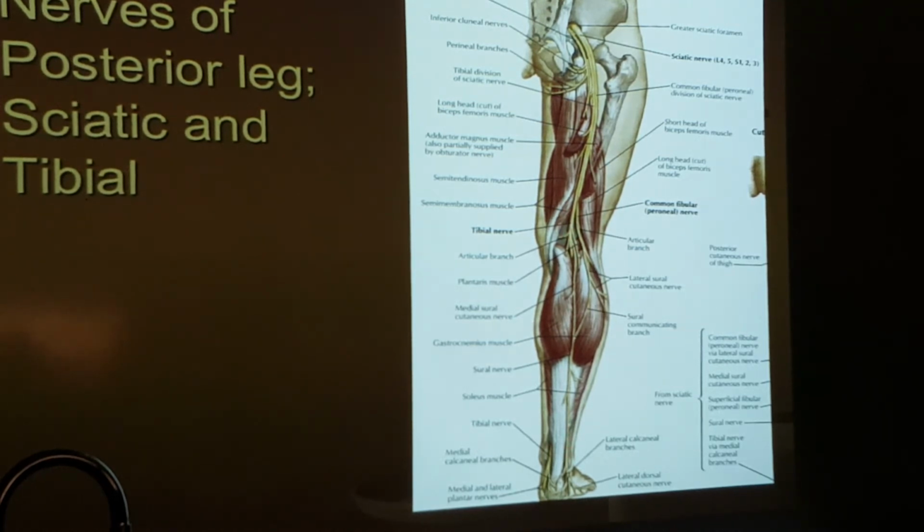And anytime you see the word common attached to the name of something, it usually means it's going to bifurcate fairly soon into two other smaller structures, usually which have the same name, but not always. In this case, this bifurcates into the deep peroneal nerve and the superficial peroneal nerve, both shown nicely on our model.